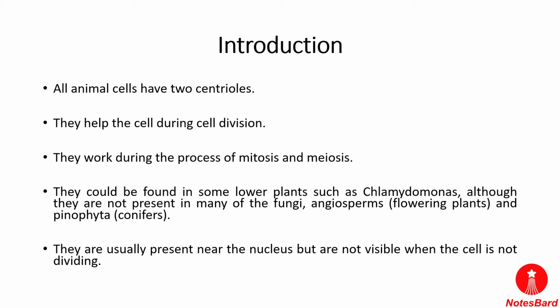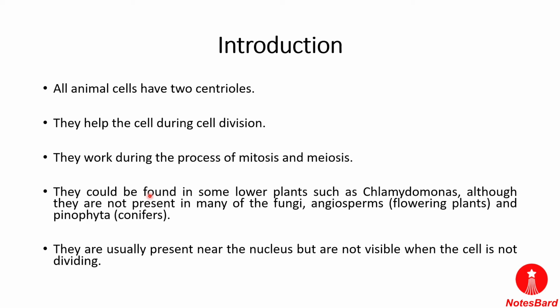Now let's start with the introduction first: all animal cells have two centrioles. They help the cell during the cell division process. They work during mitosis, that is the equational division, and meiosis.